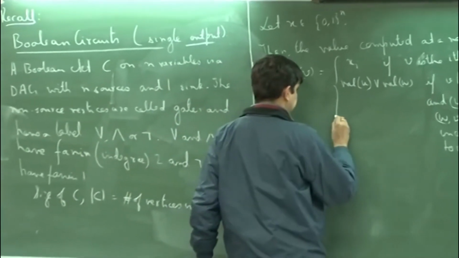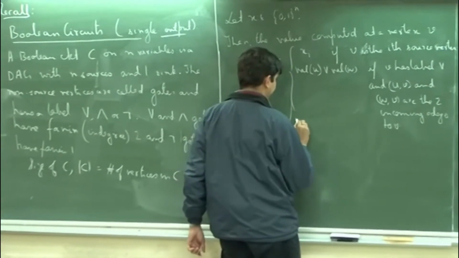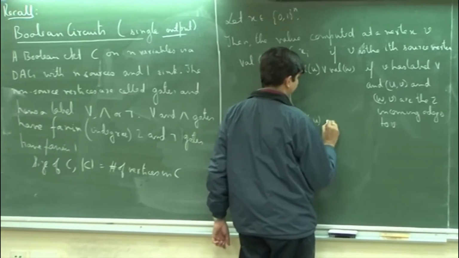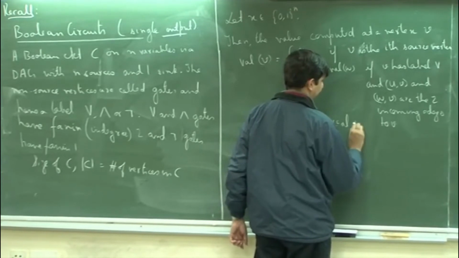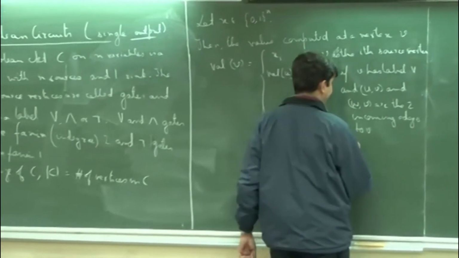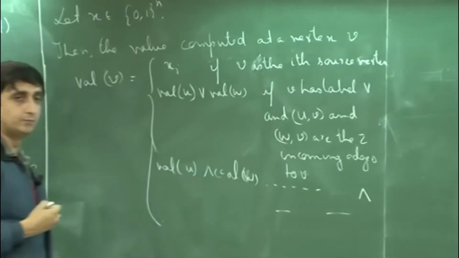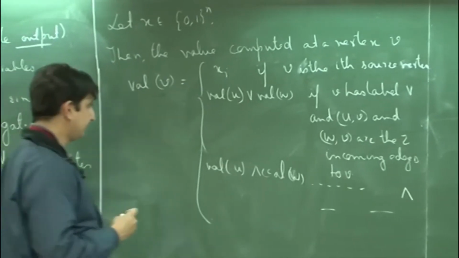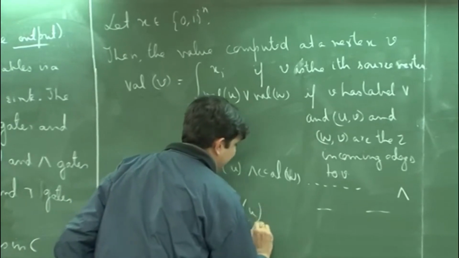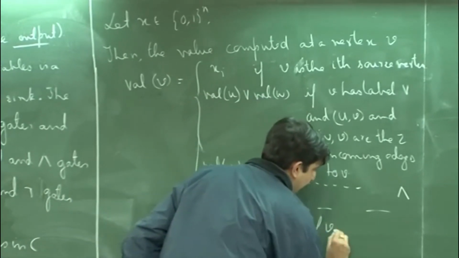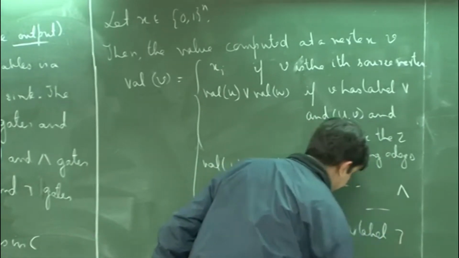Similarly for and, and not, it is defined in the same manner. It is value of u and value of w if v has label and, and these are the two incoming edges to v. And it is not of value of u if v has label not.